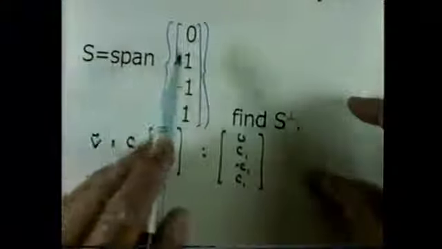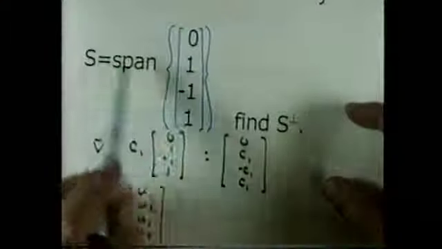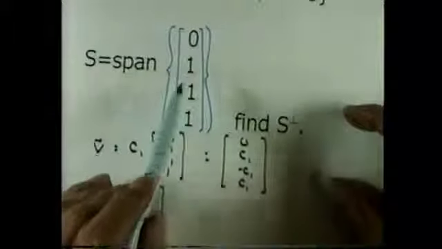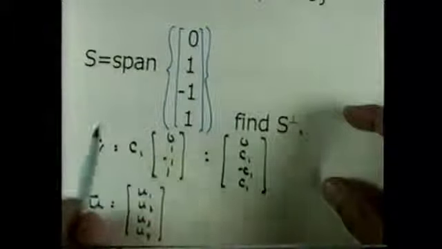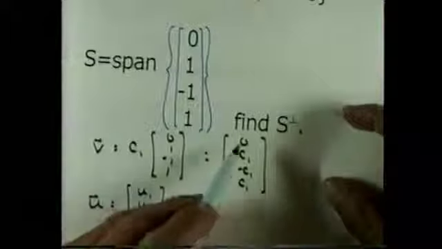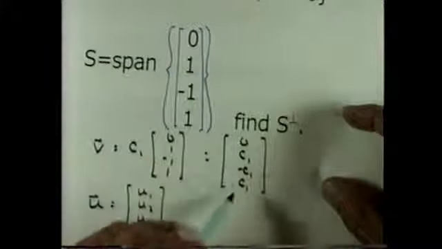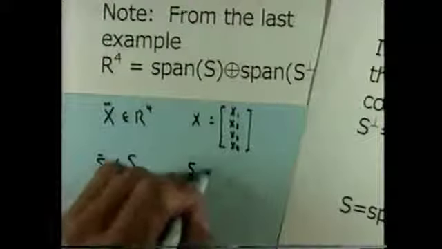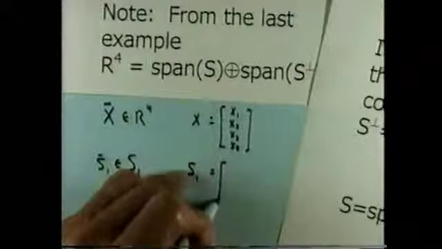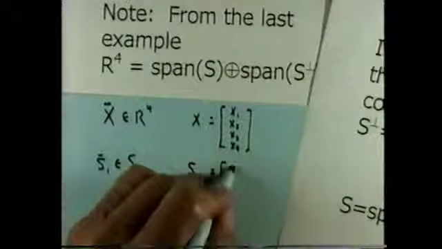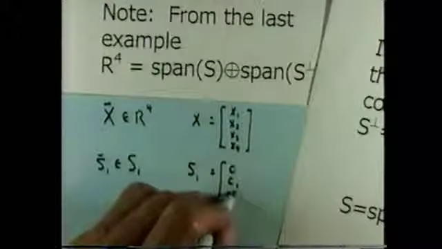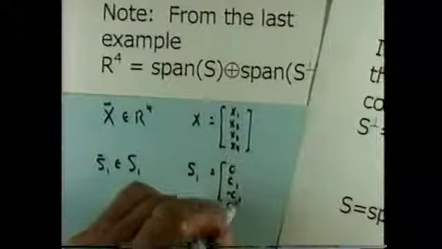Here's the span of S. So here's S. S is the span of this set 0, 1, negative 1, 1. So a vector in that span is going to be in the form 0, C1, opposite of C1, C1. That's what we did before. So we'll say S1 is going to be of the form 0, C1, the opposite of C1, C1.